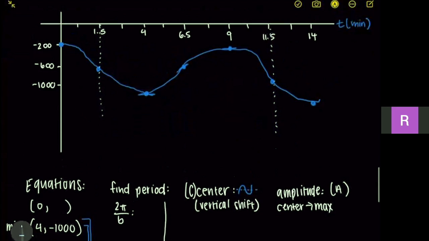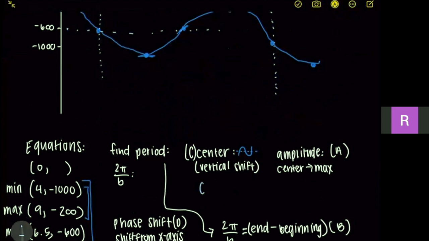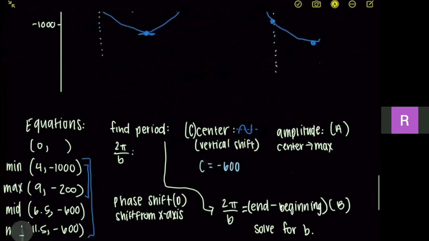But first, let's find the center for the vertical shift. We know that our center here is going to be at -600. So that's going to be our vertical shift. We're going to have a vertical shift of C equals -600. Then to find our amplitude, we're going to find the distance from the center to the maximum point.